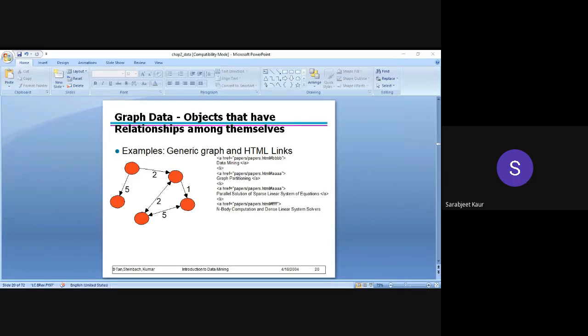Okay. Let us see another example scenario where the graph data is employed. So another scenario is, please see, where the objects are themselves maybe graphs. Okay.